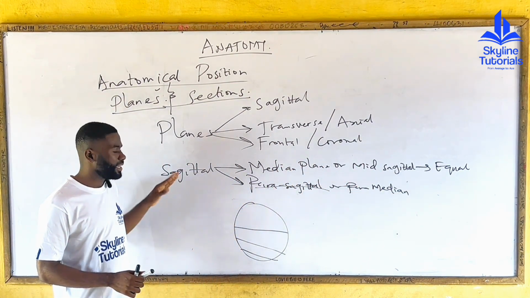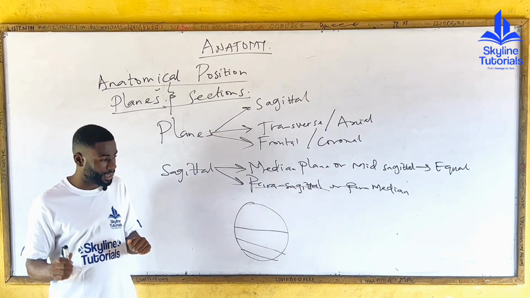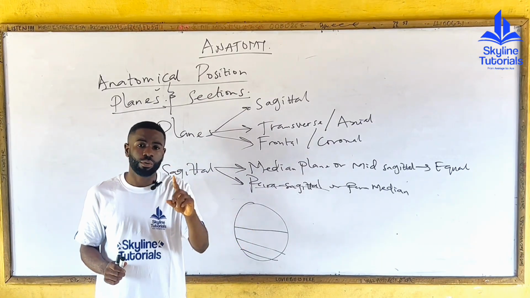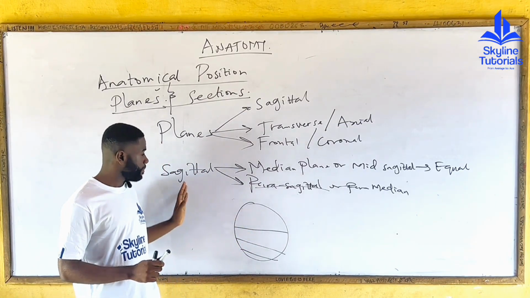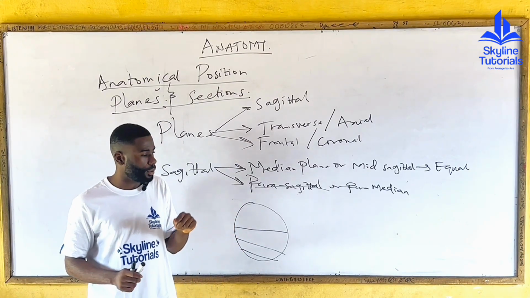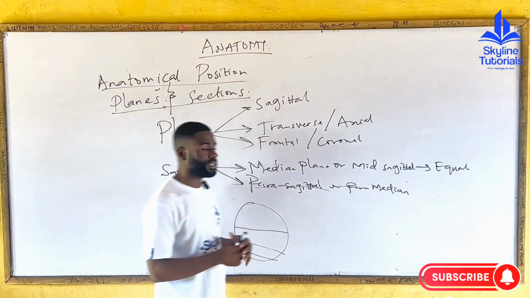Take note of that. The sagittal plane is any plane that divides the body into left and right parts. Median divides the body into two equal left and right parts. Paramedian divides the body into two parts that are unequal. Take note of that. The next type of plane we have is the transverse plane.